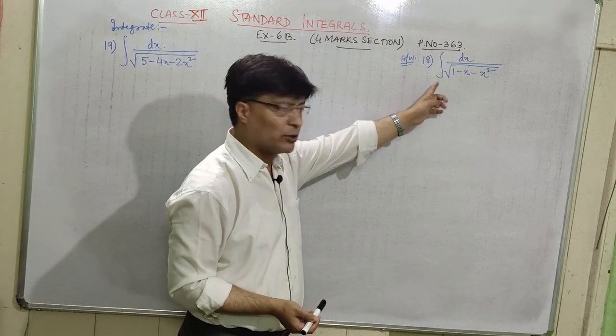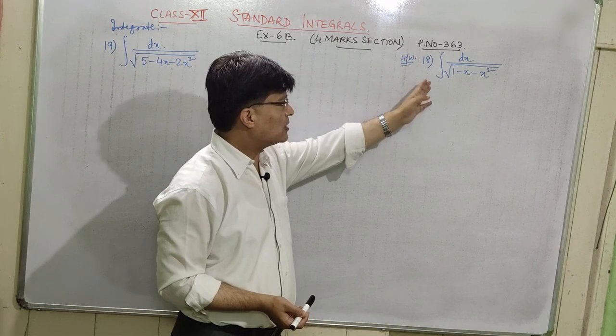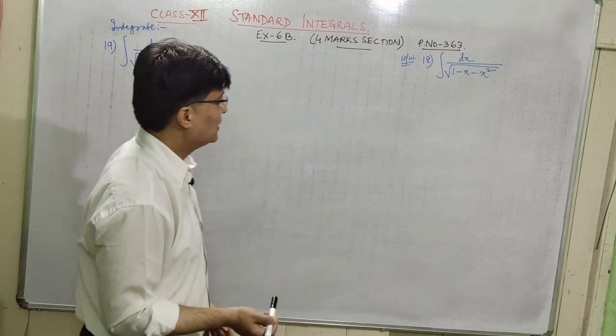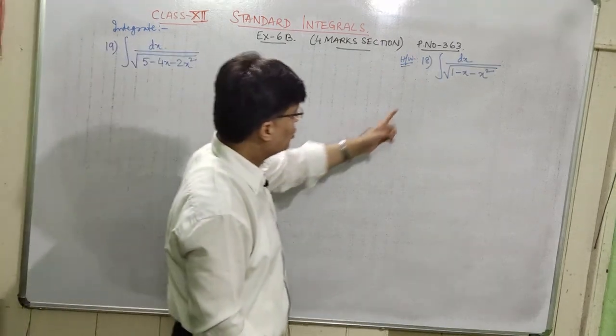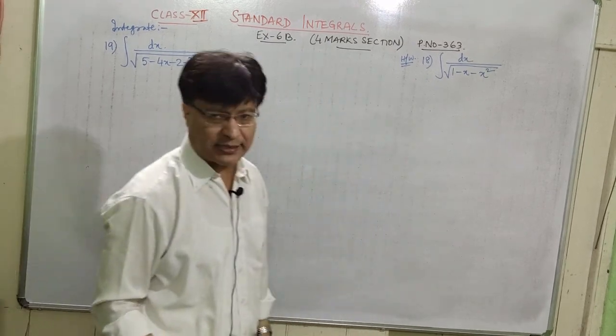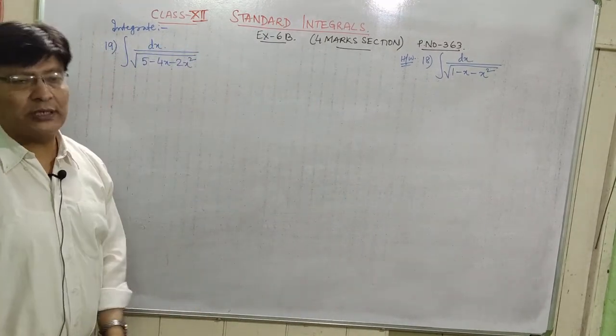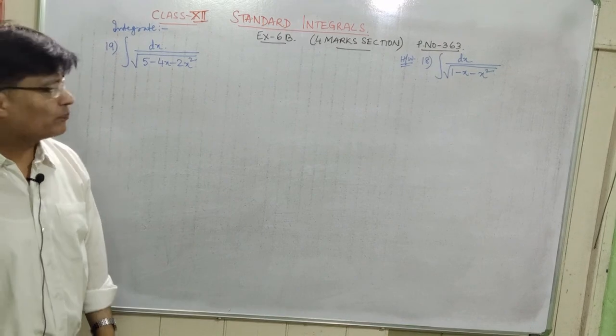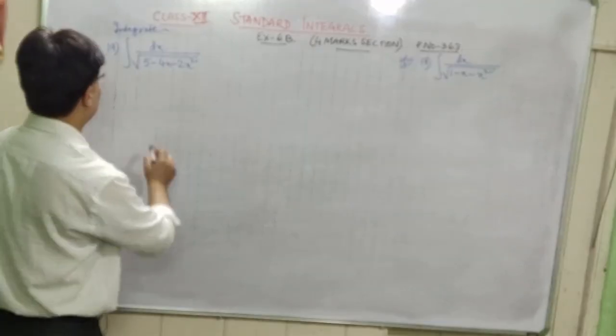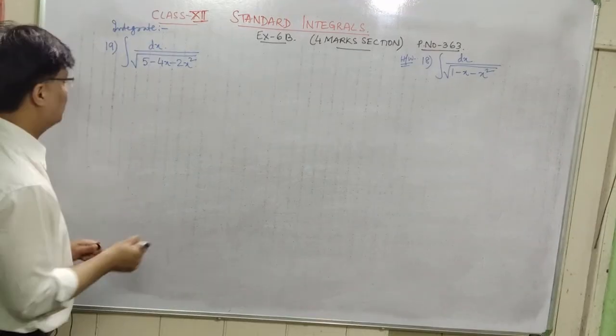Number 18 is you have to evaluate this integration, that is integral of dx divided by root over 1 minus x square. Okay, so you can do this 18 number at home. Okay, so that is your homework. So let's do this question number 19.